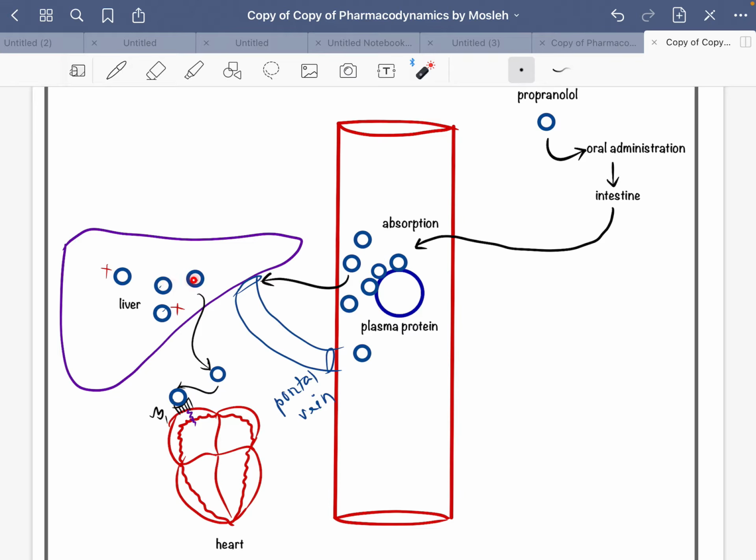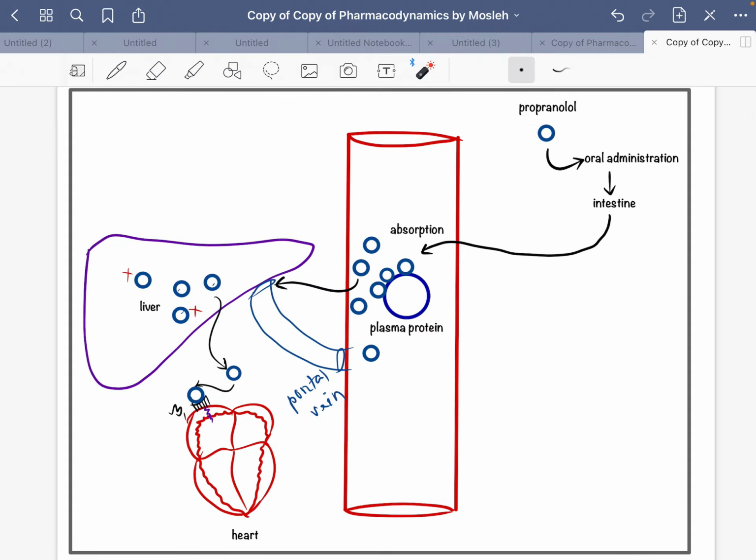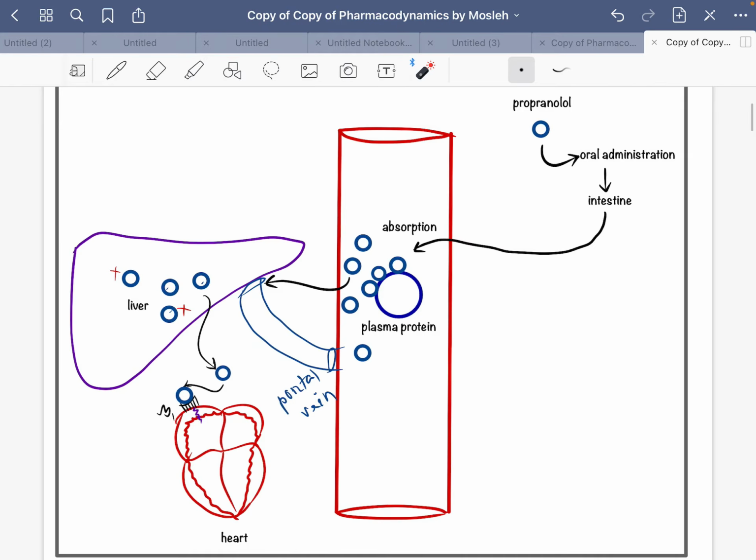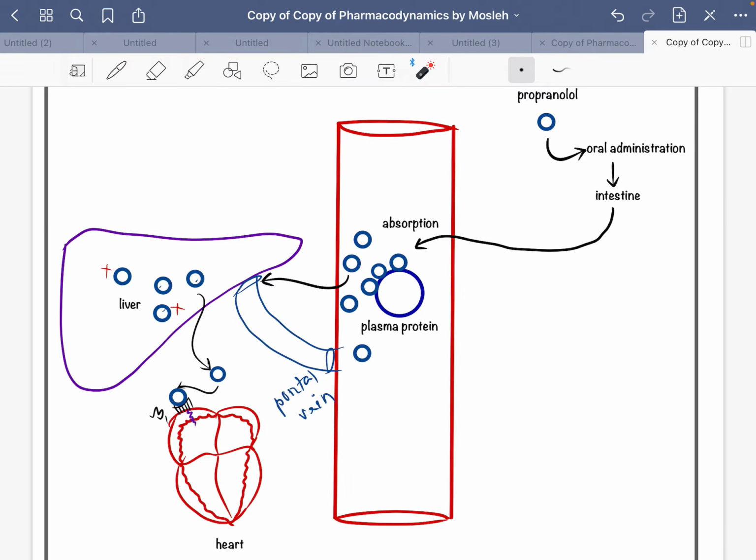These 2 drugs will come outside of the liver and reach the heart, because the target of propranolol is the beta 1 receptor of the heart. That's why the propranolol is coming towards the beta 1 receptor through blood. It is just a journey of the drug.